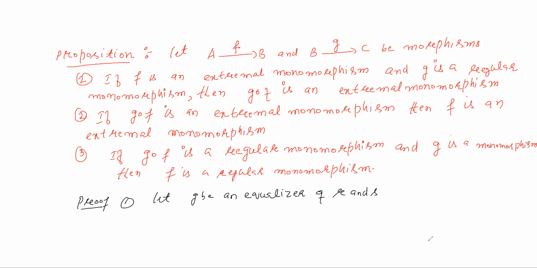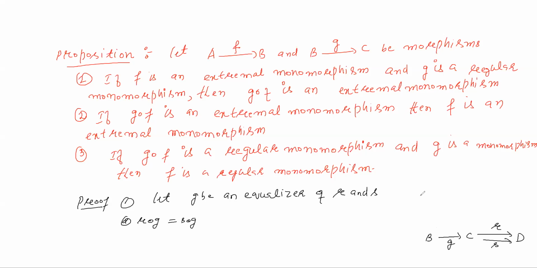So g is actually from B to C, and C to D have r and s respectively. Since it is an equalizer, it has to satisfy two conditions. First condition is r composition g is s composition g.